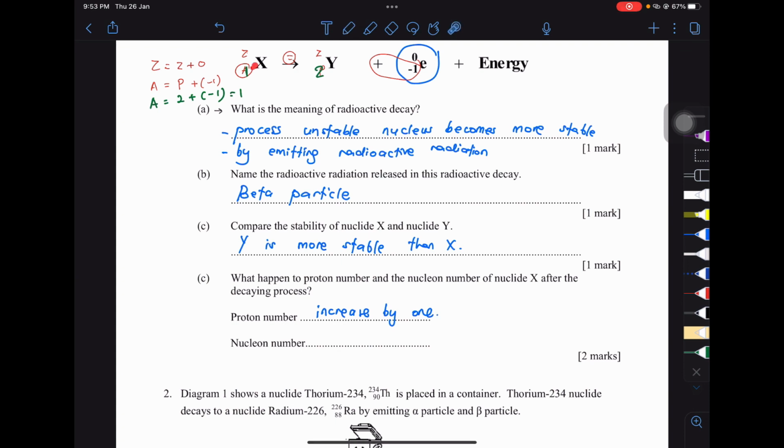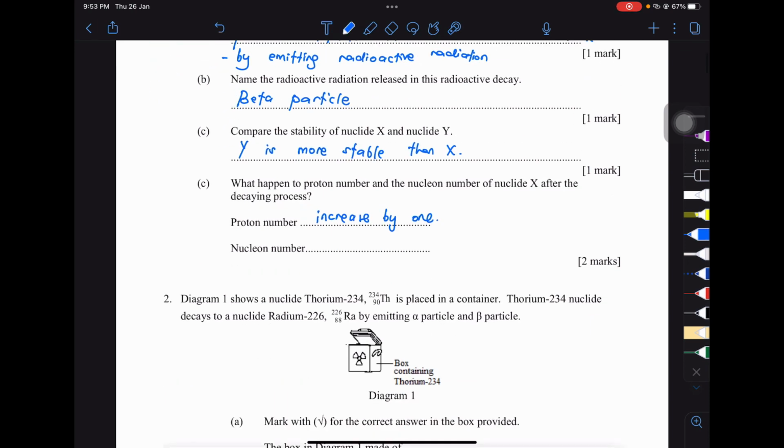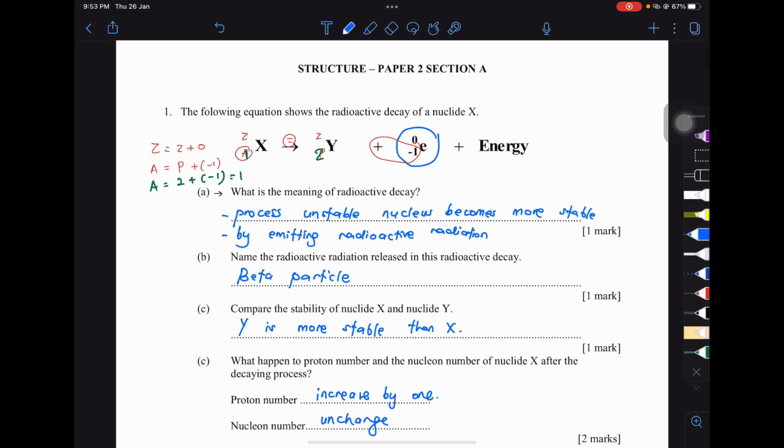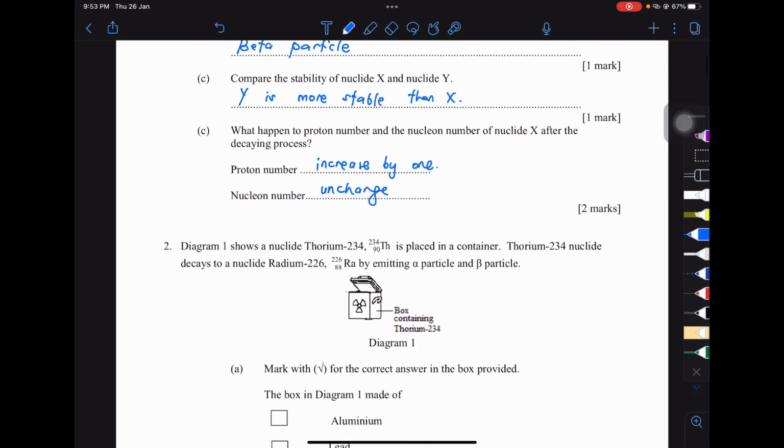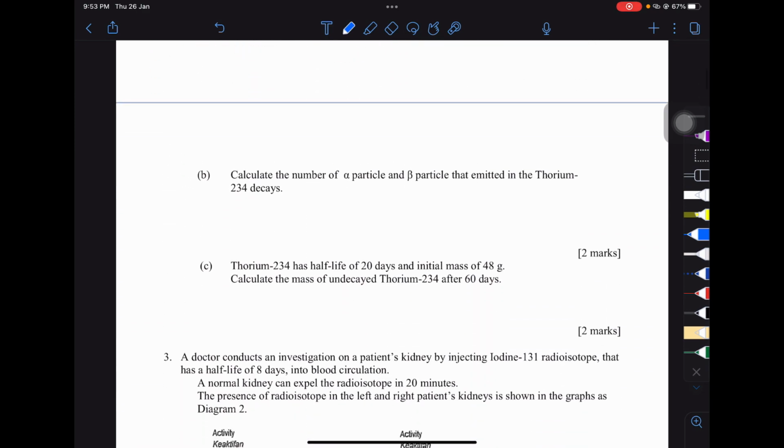Here only 1, and after the decay process, the proton becomes 2. So it increases, then you mention how much it increases: increment 1. Nuclear number, what's the answer? Yep. Nuclear number is unchanged. Maintain. Alright. Easy.